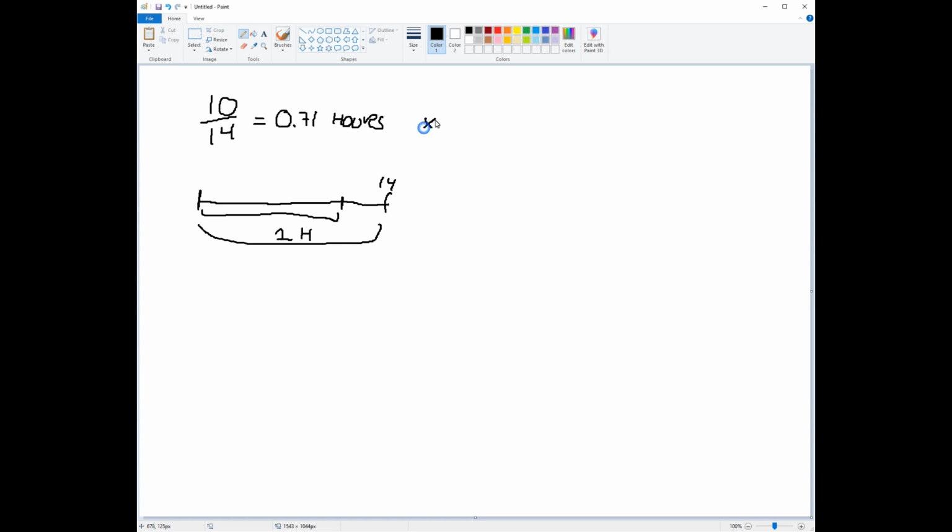But anyways, we can multiply this by 60, because 60 minutes, and that gives us the result of somewhere in the neighborhood of 42. It's 42 point something, but give or take 42 minutes. So that is how long it takes you to run 10 kilometers at the speed of 14.